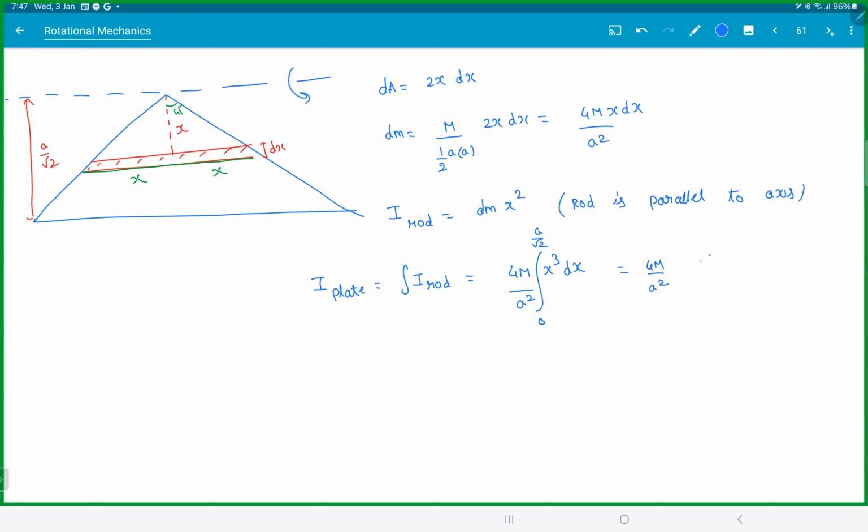4m by a square, this will be x power 4 by 4, limit 0 to a by root 2. This would be ma square by 4.